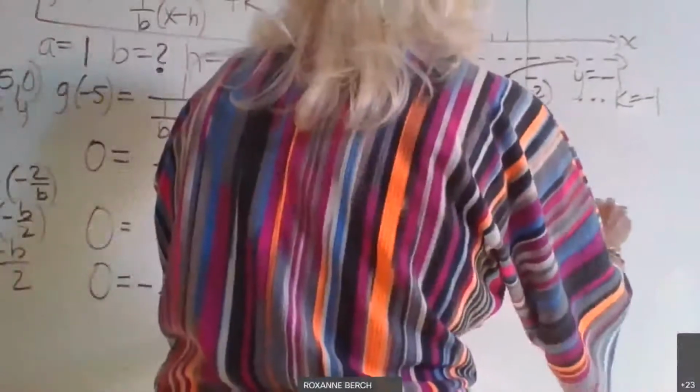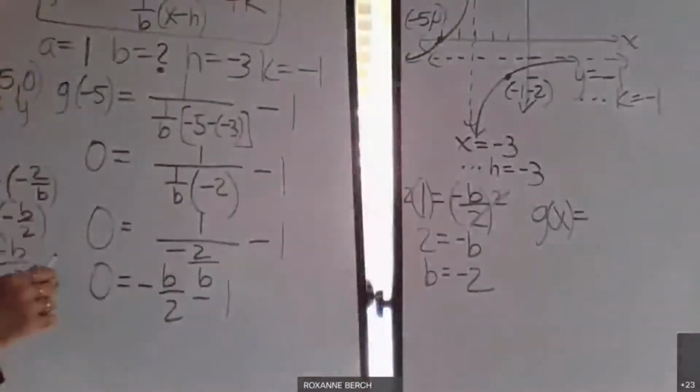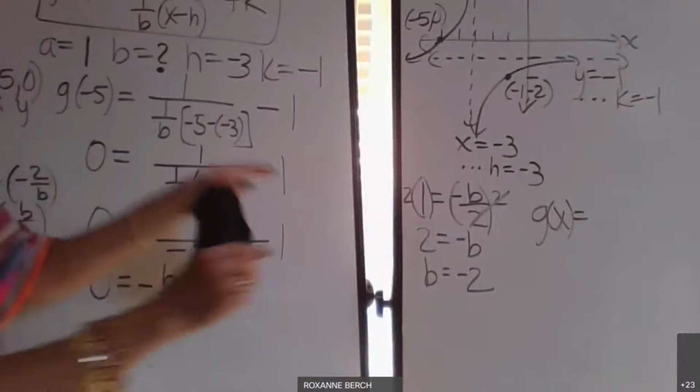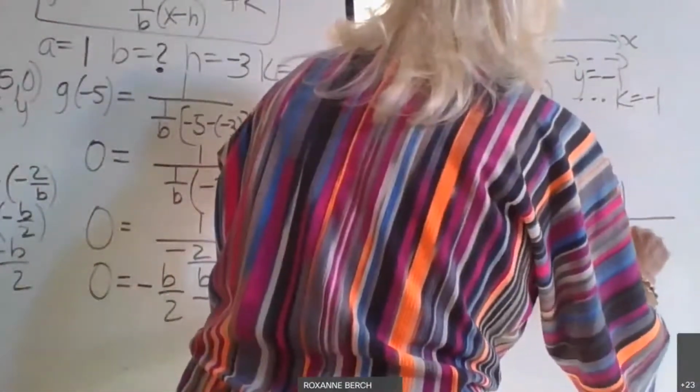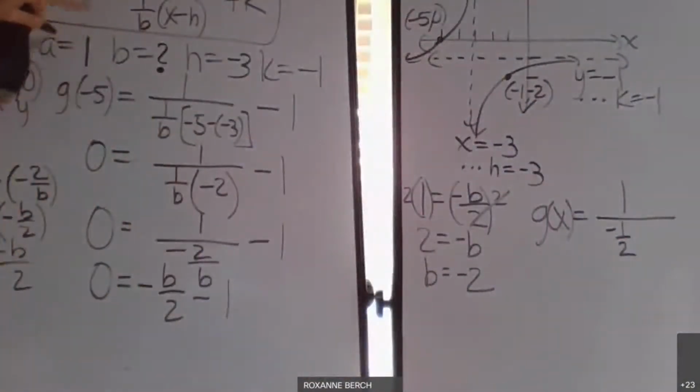So our function then is g of x equals 1 divided by -1/2, because that's 1 over b is -2, right?